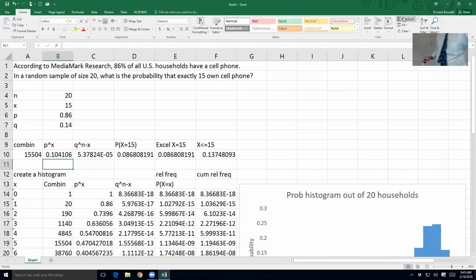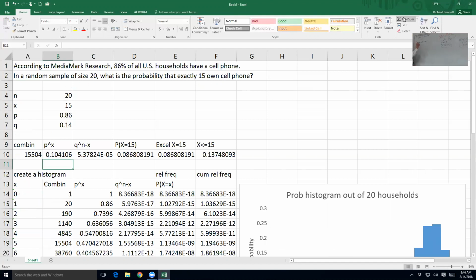Let me ask this question here. What is the mean of binomial distribution? Before I answer that question, I want you to just think about this logically. If 86% of people own a cell phone and you talk to 20, what would you expect to get? 86% of 20, right?